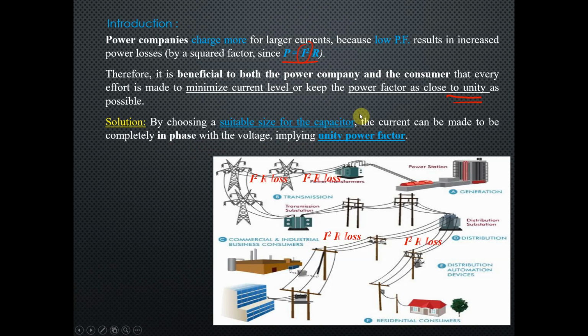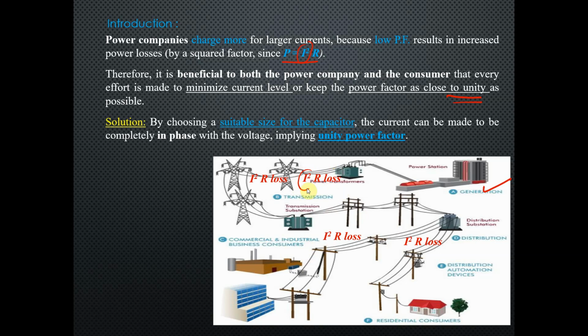What really happens in the power system is that from the power plant toward the customer, there is a very long distance transmission line, right? If your current is high, the power loss dissipated will be equal to I squared R, where R is the resistance of the transmission line. So I squared R is the power loss in the system.